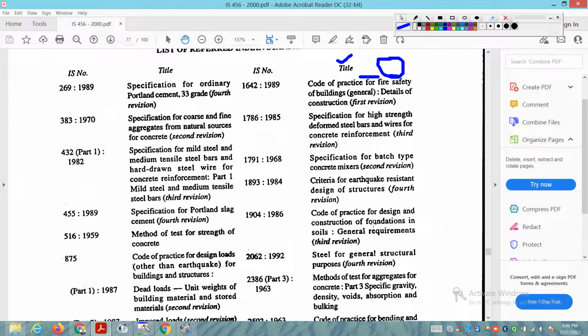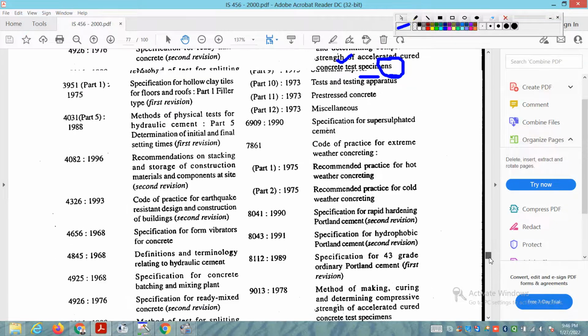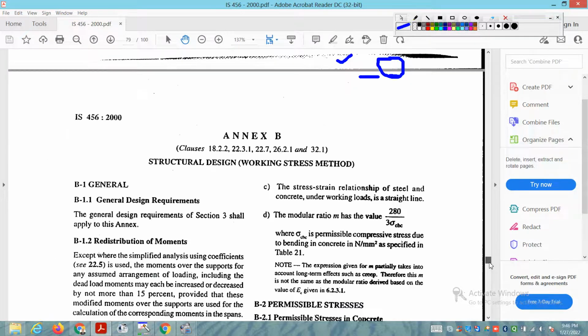The code which you are referring to right now is 456, right? Here the other codes are also mentioned, IS 383, 455, 1989, this represents the year, okay? 516, right? And what these codes are used for is also given. The titles of the other codes which you have to refer to have also been given.